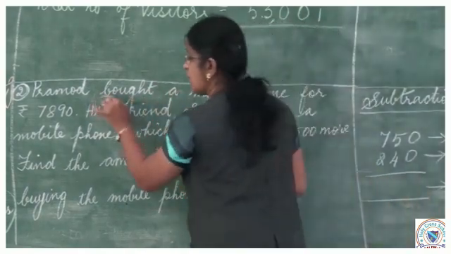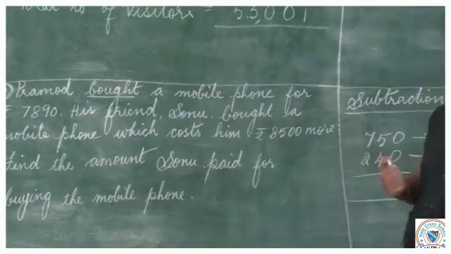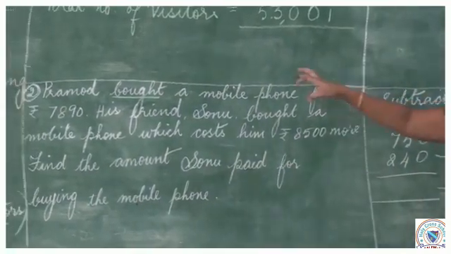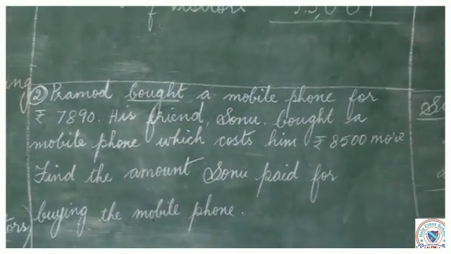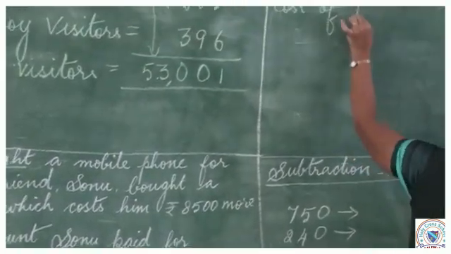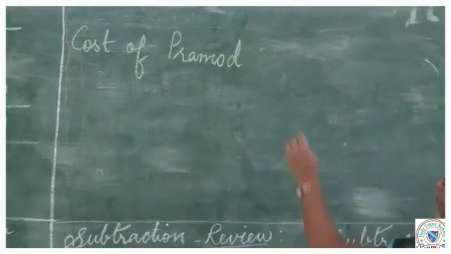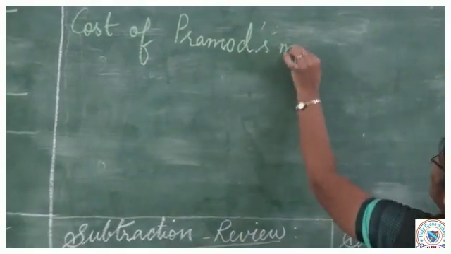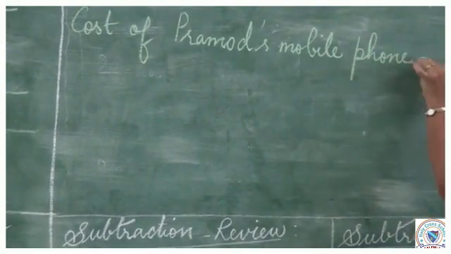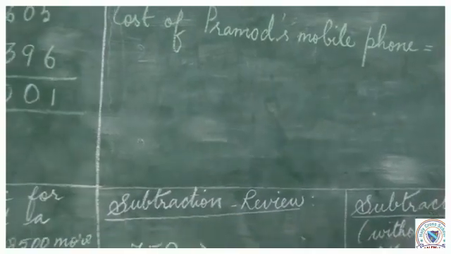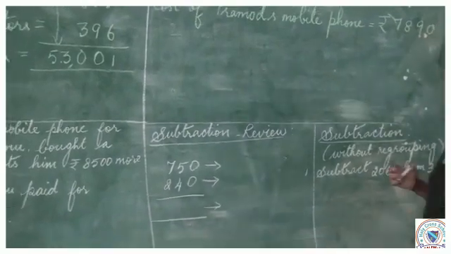When the word bought comes, use the word cost. So the first statement you have to write is cost of Pramod's mobile phone. Cost of Pramod's mobile phone is equal to rupees 7,890.